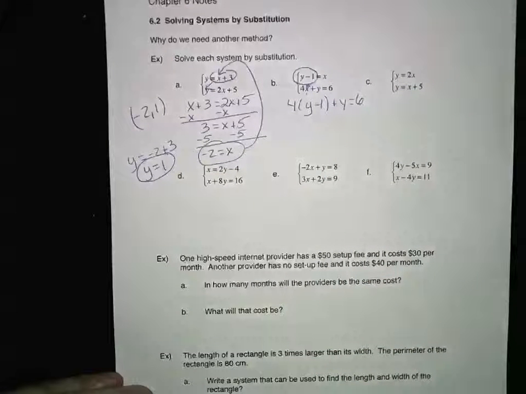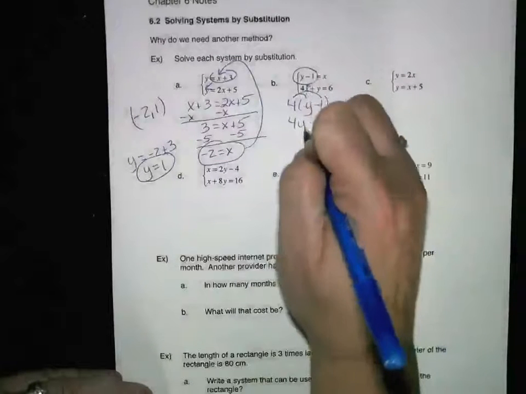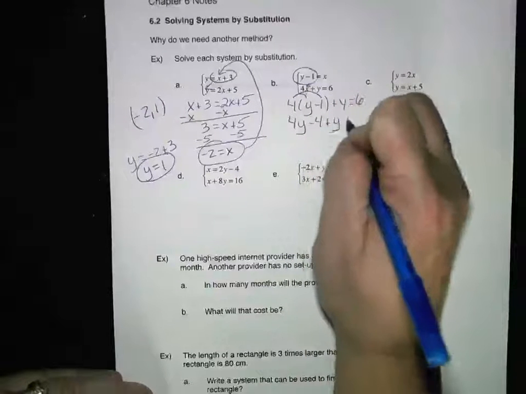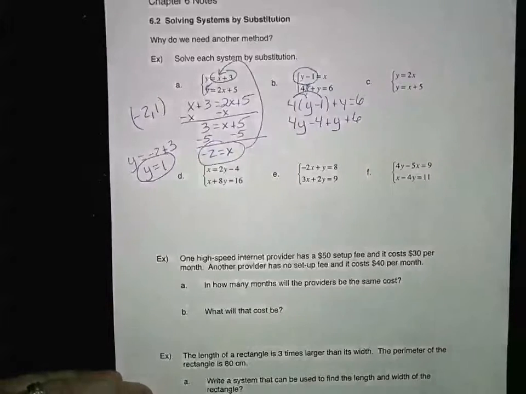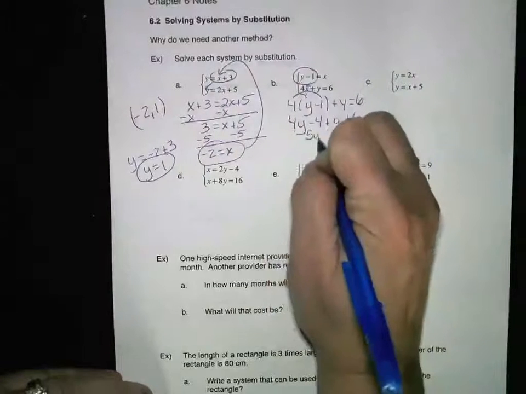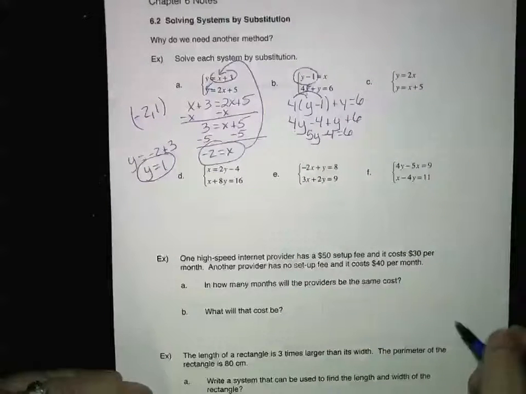So I took that whole quantity and put it in place of the x. When you distribute, that becomes 4y minus 4 plus y equals 6. 4y plus y is 5y minus 4 equals 6.